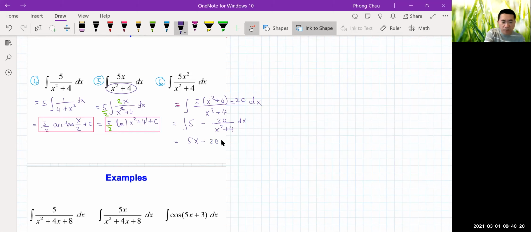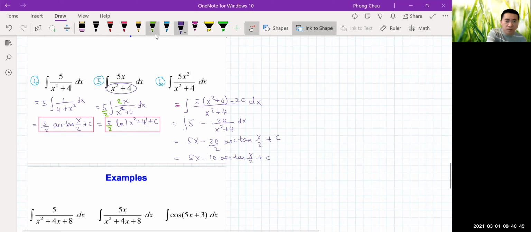So that's 20 over 2 times arctangent of x over 2 plus c. Or if you simplify, it's really 5x minus 10 arctangent x over 2 plus c.